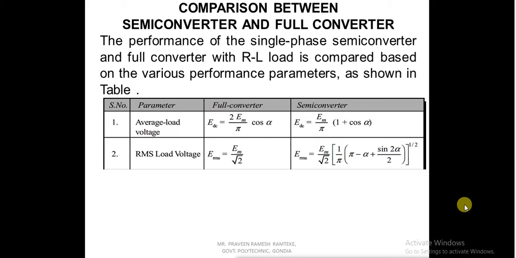Next is the RMS load voltage. In the full converters, RMS load voltage is equal to EM by root 2. But in the semi converters, it is given by EM by root 2 times the square root of 1 upon pi multiplied by (pi minus alpha plus sine 2 alpha by 2).